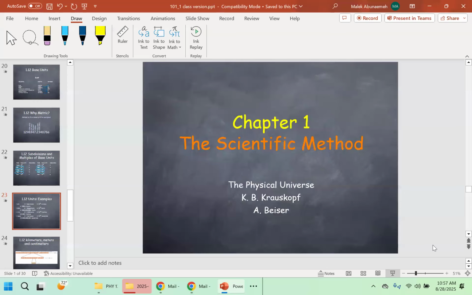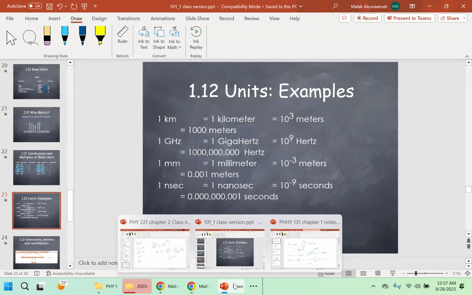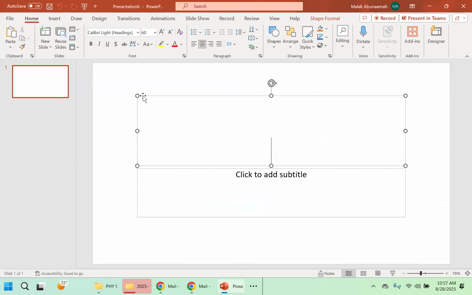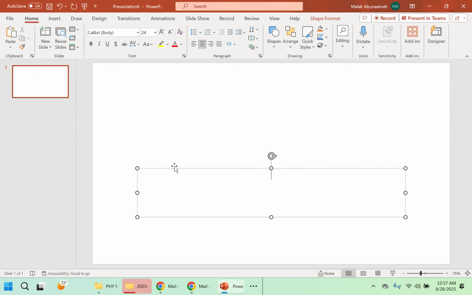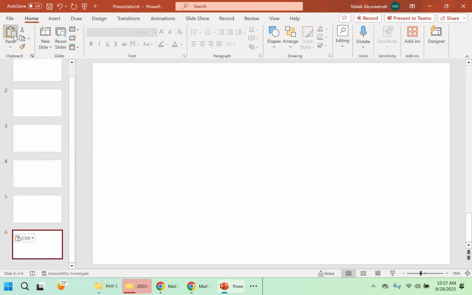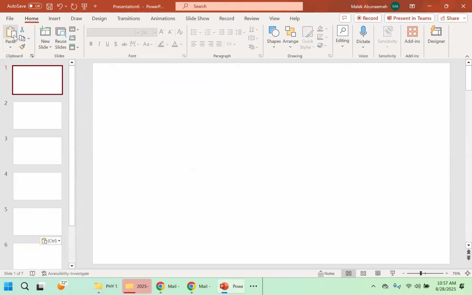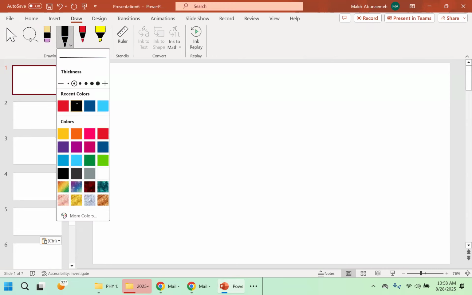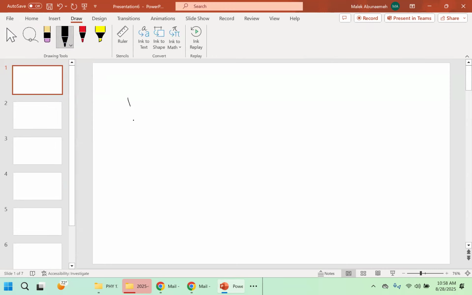Now let's talk about some unit examples. Let me get a new page. All right. When we talk about a kilometer, let's say we have 1,000 meters.